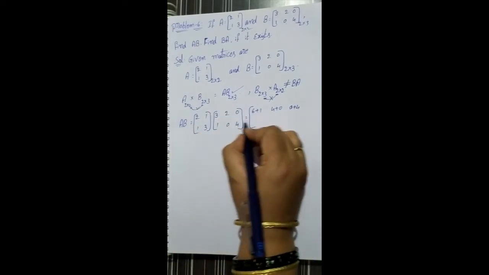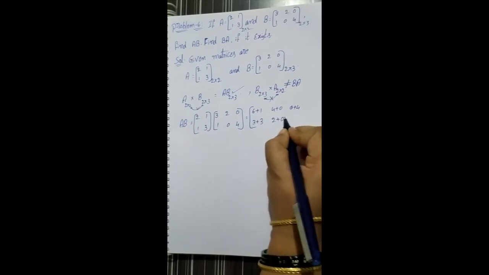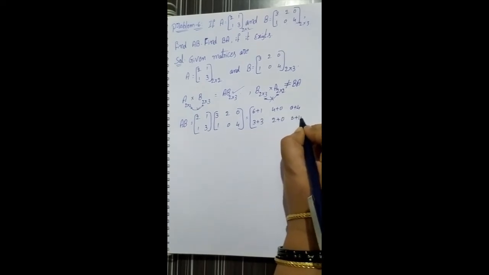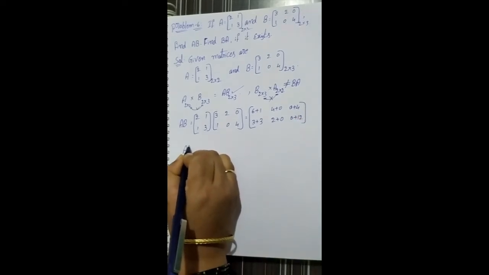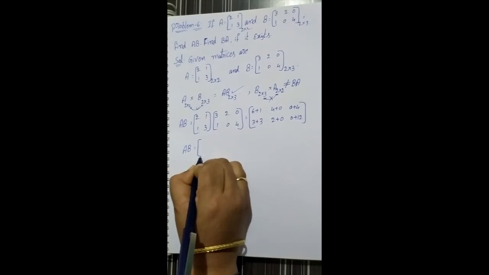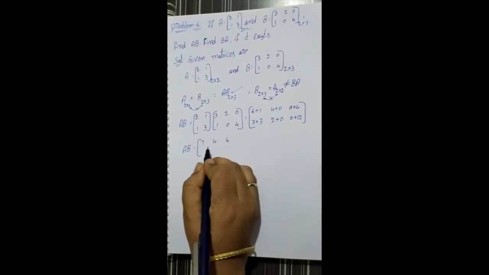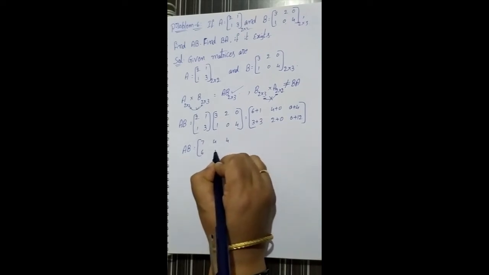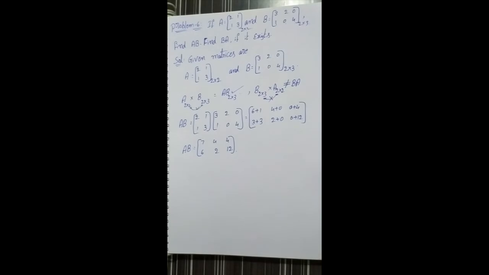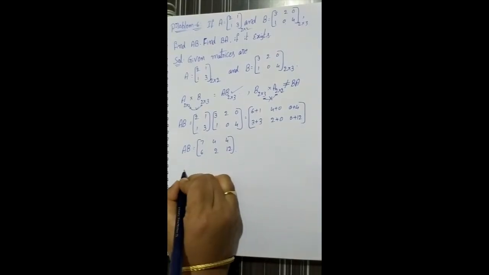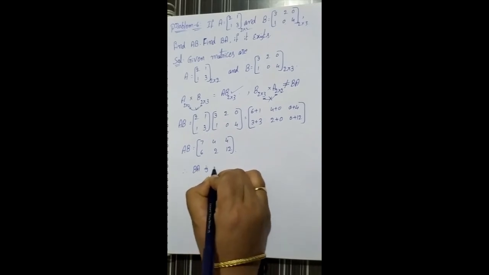Second row first column 3 plus 3, 2 plus 0, 0 plus 12. That is AB equal to 7 4 4, 6 2 12. This is the AB value and therefore BA does not exist.